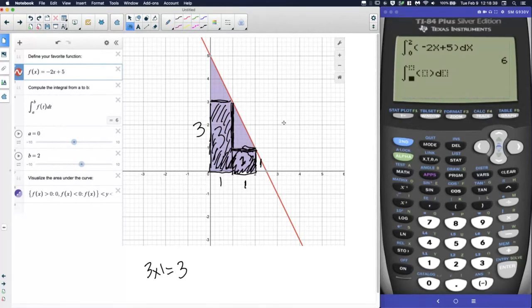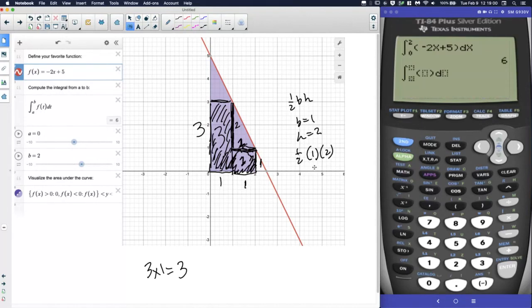Okay, so this is a triangle. So triangle is 1/2 base times height. The base here is 1. The height here is 1, 2. So height equals 2. 1/2 times 1 times 2.